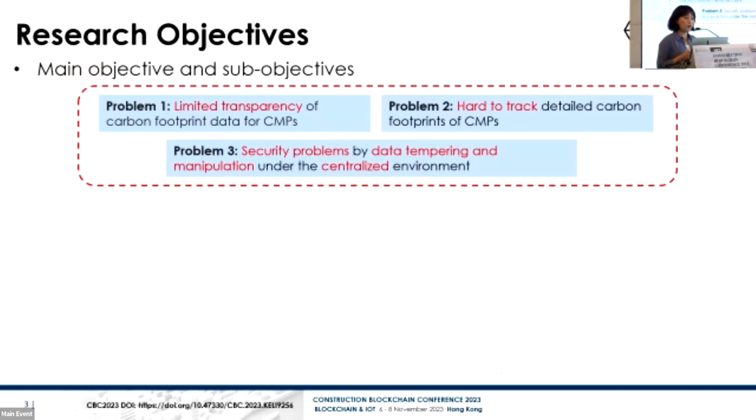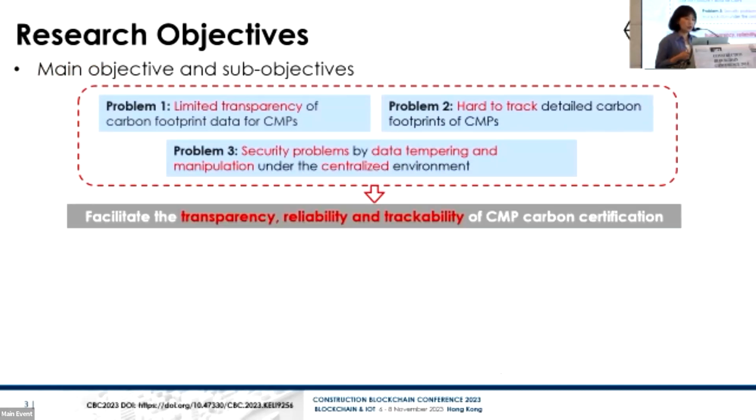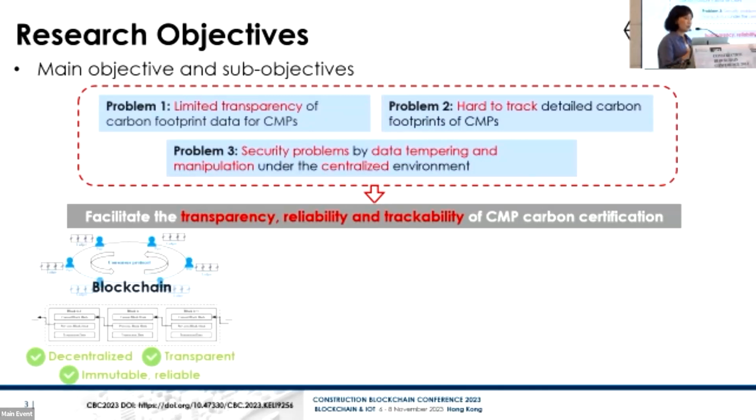Based on these problems, this research aims to facilitate the transparency, reliability, and trackability of construction material and product carbon certification. So that's why we need blockchain. Based on the characteristics provided by blockchain, we can realize transparency, reliability, and data trackability.